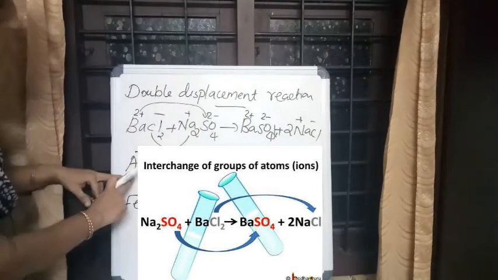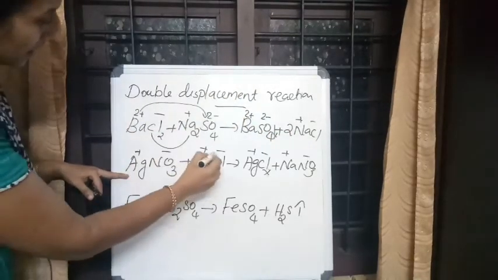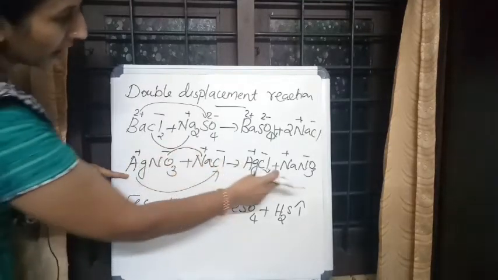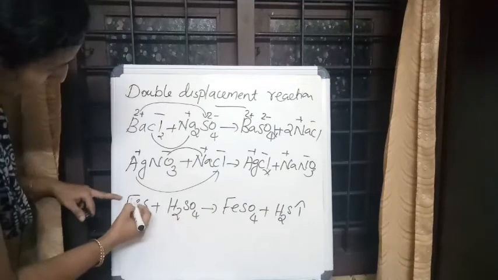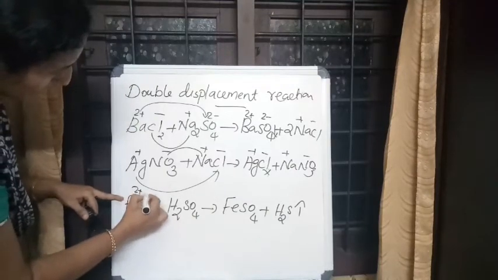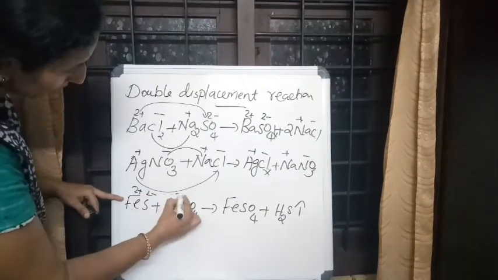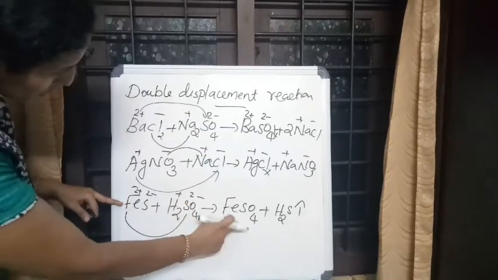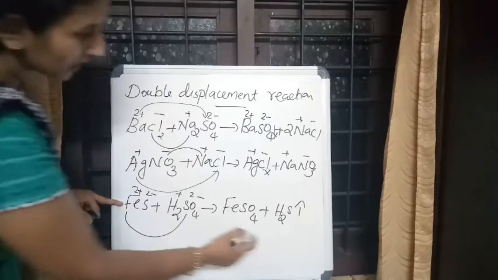And here Ag and Cl, Ag, Cl, and Na and NO3, Na, NO3. And here you see Fe2+ and S2-. So, Fe and S together form FeS, and H2 and SO4, H2SO4.